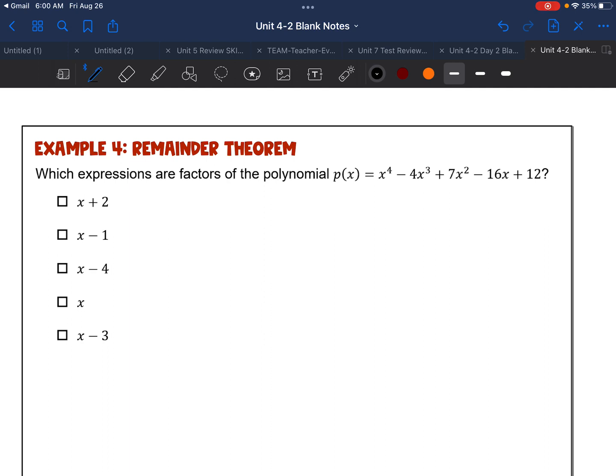So, the first thing that you're going to do, and you're going to do this on your calculator, reset it if you haven't. You're going to click your y equals button, and then you are going to put this expression into y1. And again, if you need to pause this as you're doing it, go ahead, but you're going to put the expression into y1, okay?